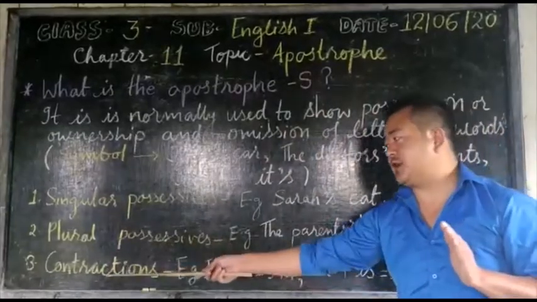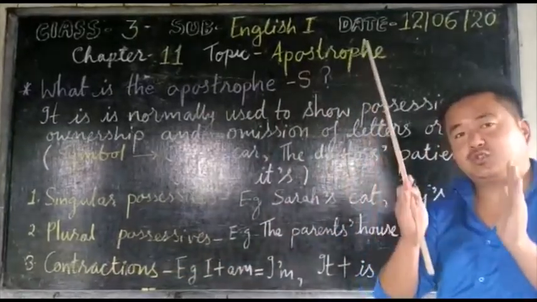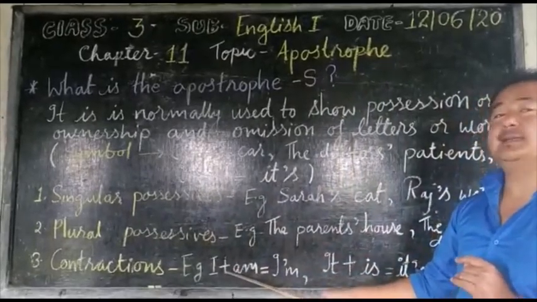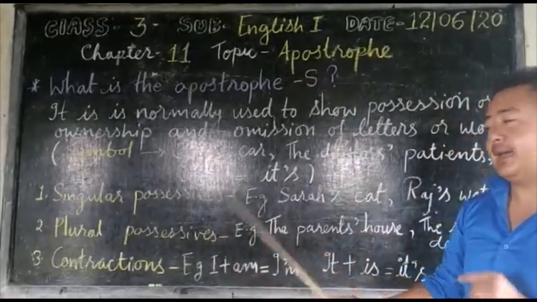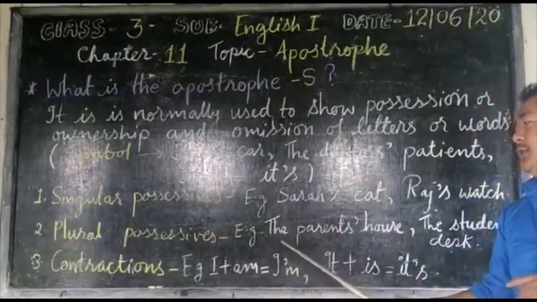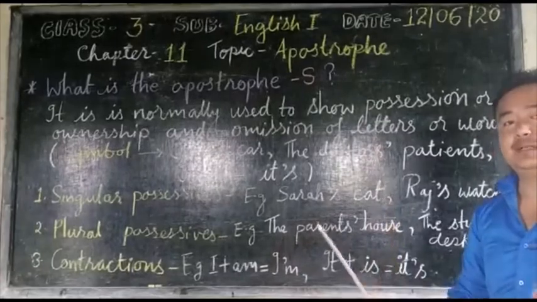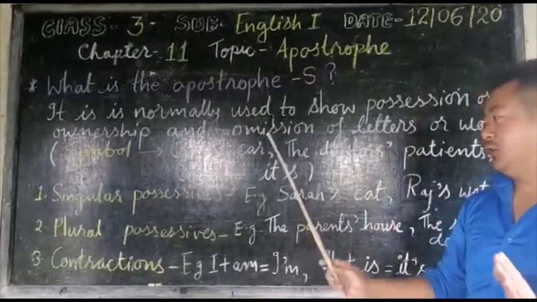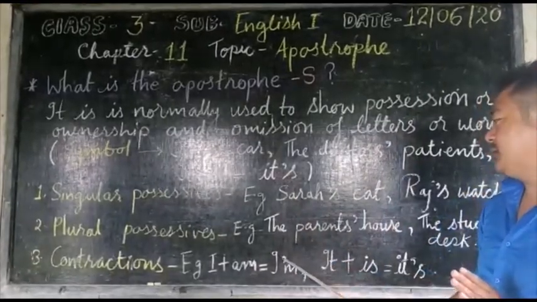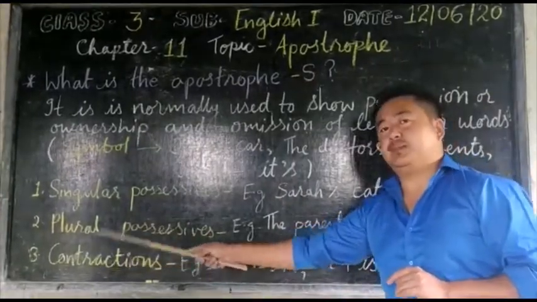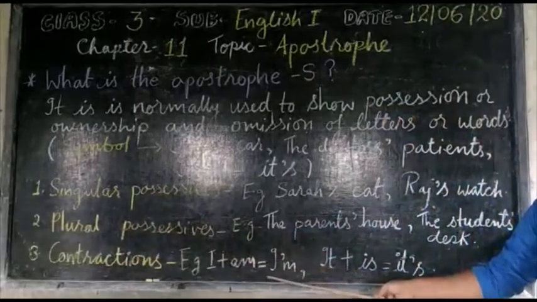Therefore it is known as contraction. In place of I plus am, meaning I am, we can use I'm. Whatever we have removed, in place of that we use an apostrophe.